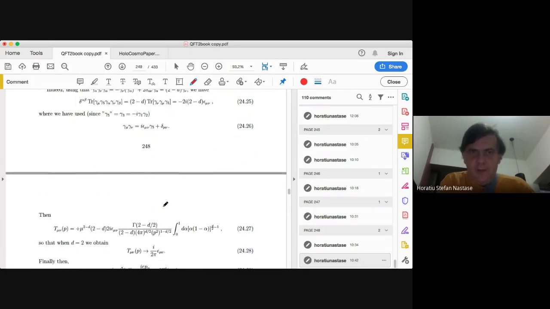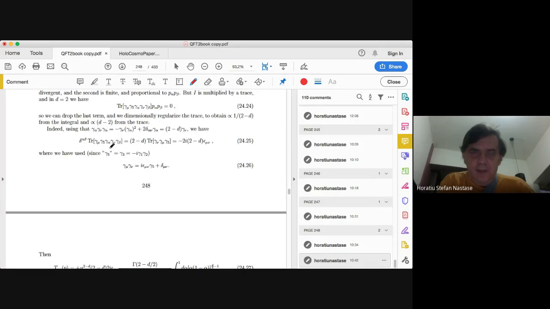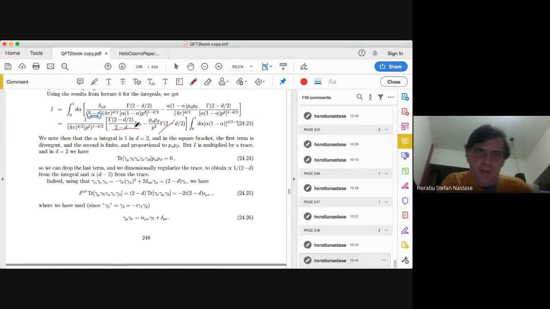All right, so this trace is contracted with delta alpha beta, like we have in this non-zero term. So this trace gives, in the end, something proportional to 2 minus d epsilon mu nu.